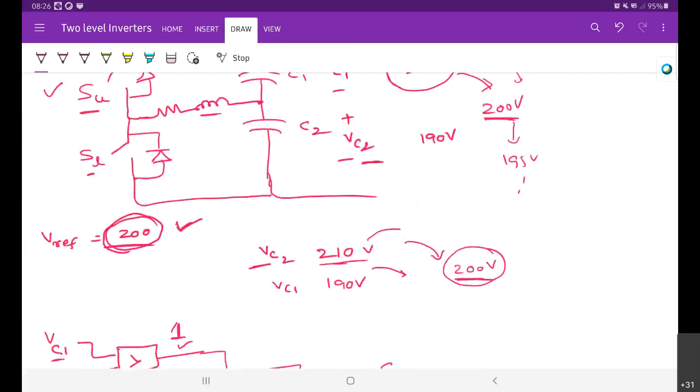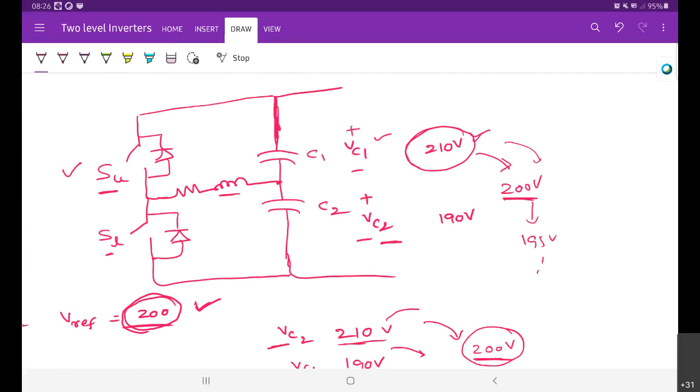The idea is simple, right? Whatever excess charge is there is transferred to the inductor, and it is charging the bottom capacitor, or bottom DC source.